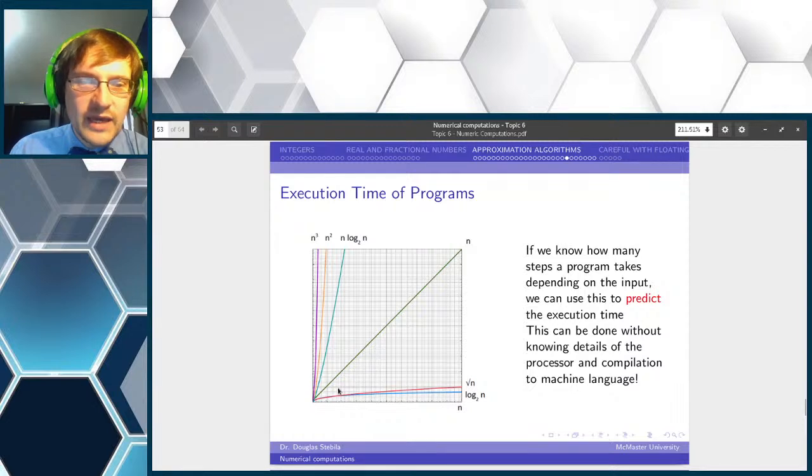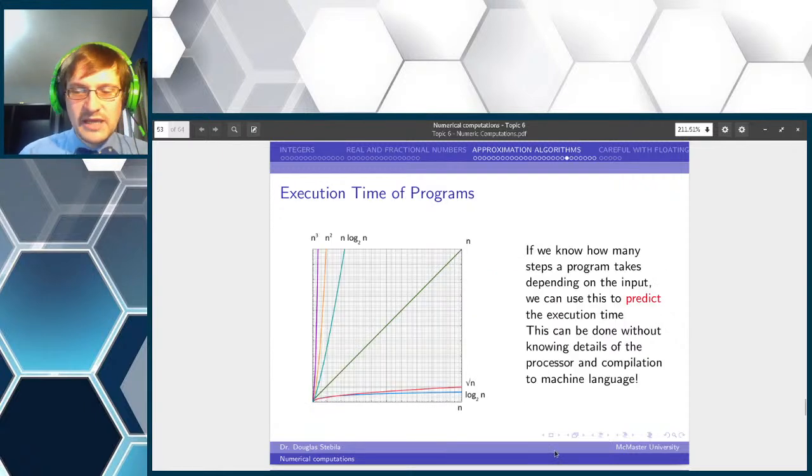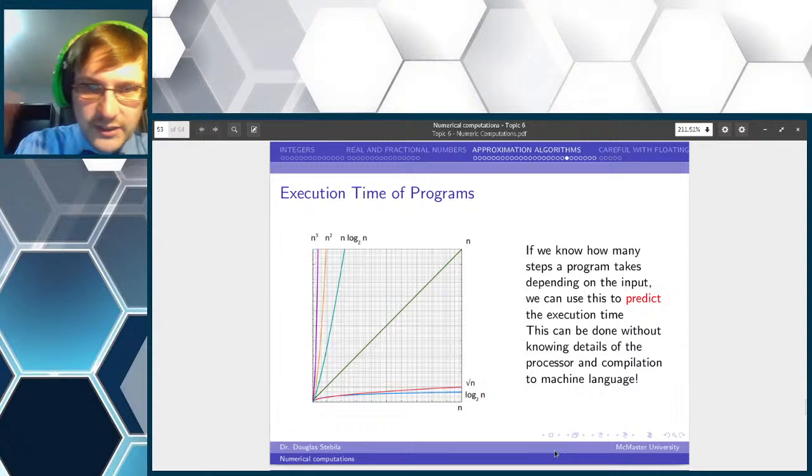But you can see how quickly n cubed grows in comparison to n squared, n log n, root n, log base 2 of n, or just a constant. And obviously this advantage grows larger the larger n is.